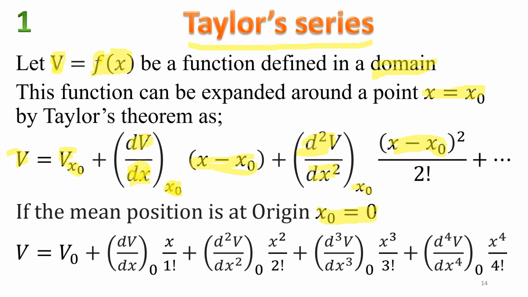So by virtue of that, we can write potential V, which is a function in the given domain, equal to potential at 0 plus dV by dx at 0 into x upon 1 factorial plus d2V by dx square at 0 into x square upon 2 factorial, and so on.